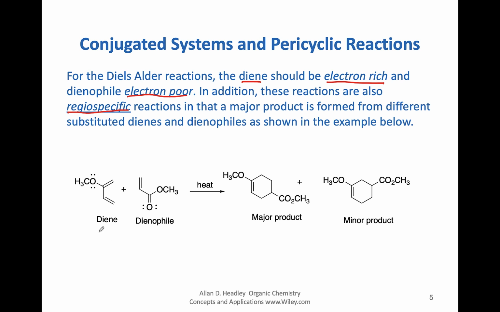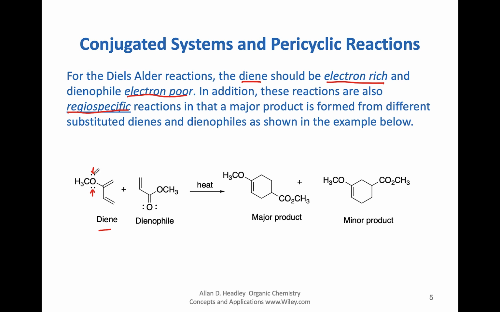So here's the diene. We say it's electron rich. If we have a substituent here which has an oxygen with lone pairs of electrons, in this case 2 lone pairs, this group can donate the electrons to the diene, making it electron rich. So this diene has an oxygen that's adjacent to the diene.